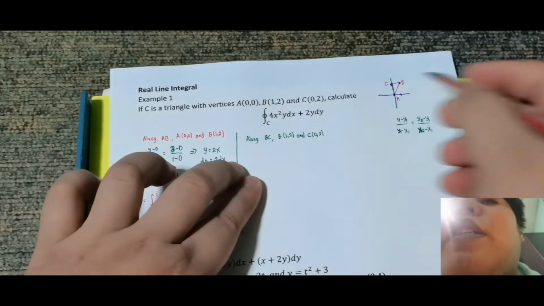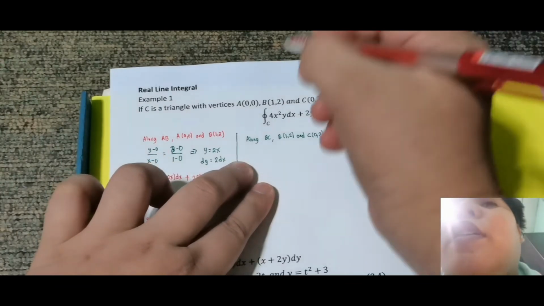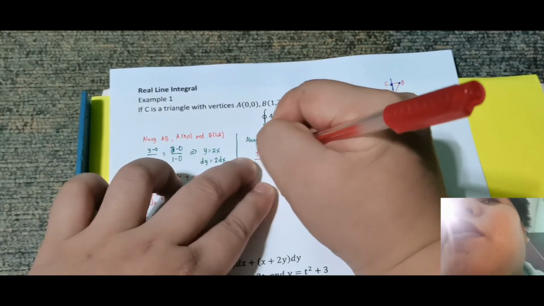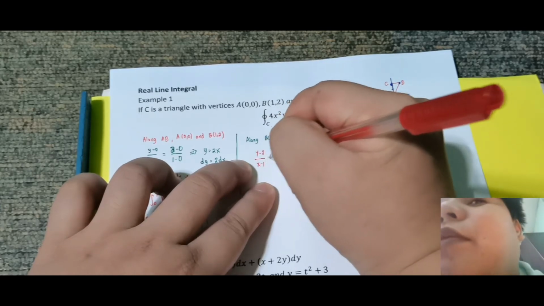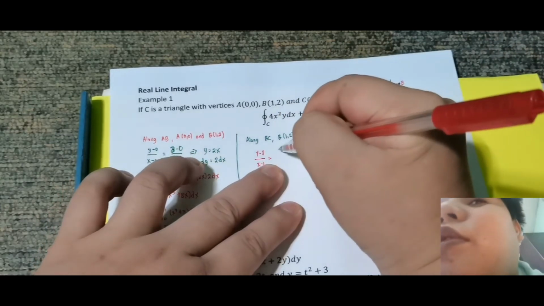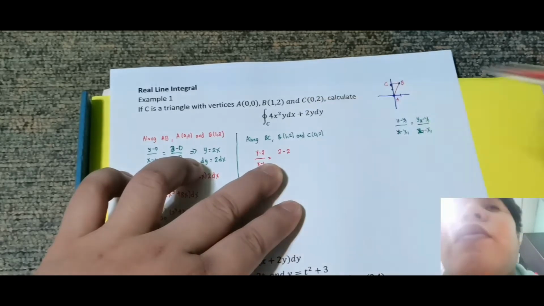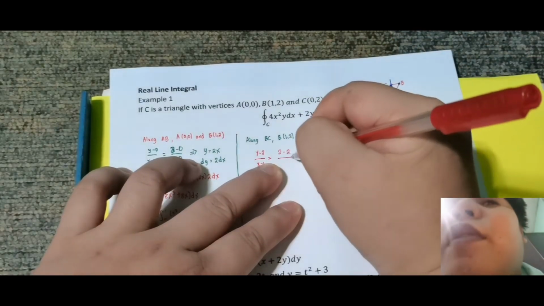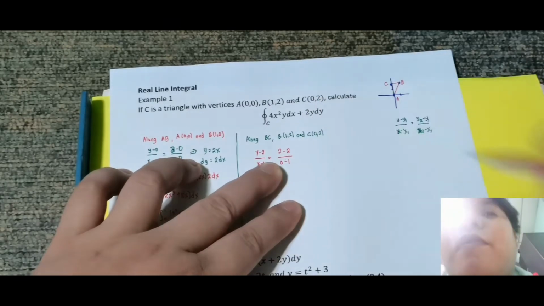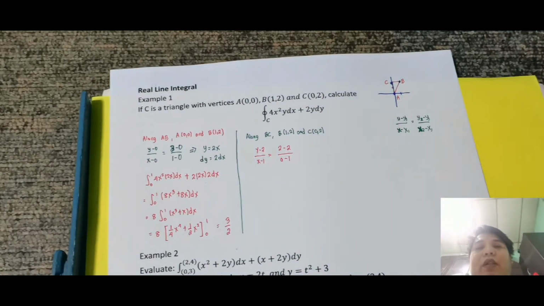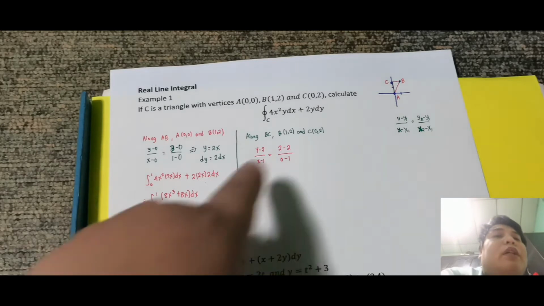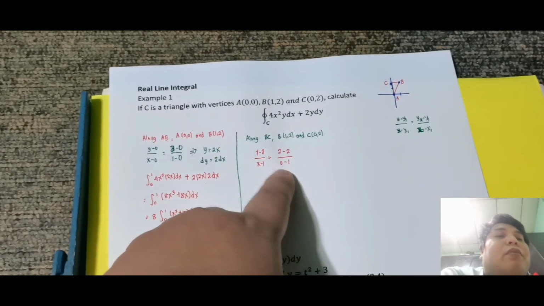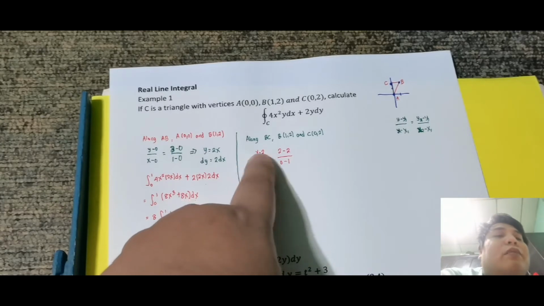Equation of the line niya is y minus 2 over x minus 1 is equal to 2 minus 2 all over 0 minus 1. Okay, so automatic, magiging 0 to eh. So 0 times x minus 1, wala na yon. Ito negative 1.